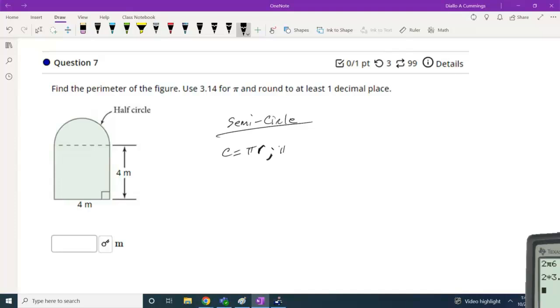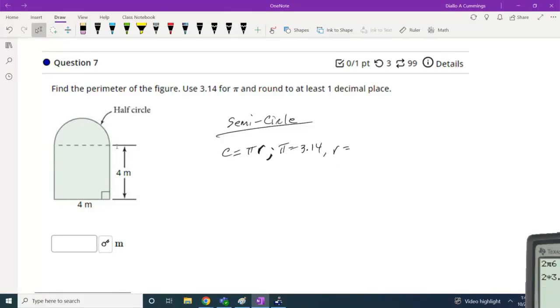So we know pi is 3.14. What is r? Well, if you look back in the figure, notice that the overall length of this is 4.